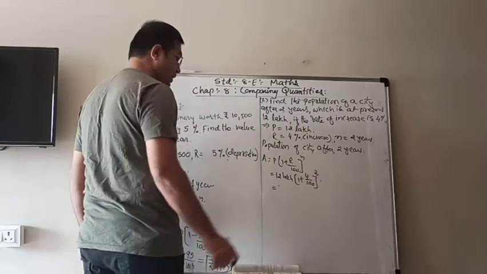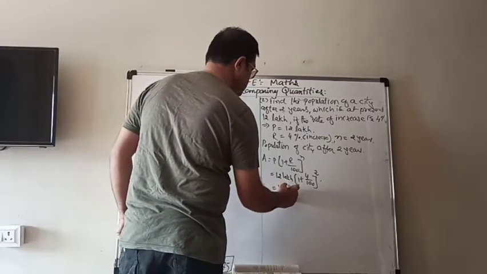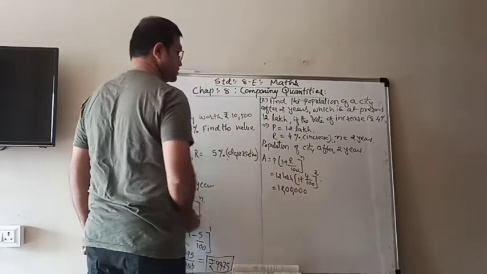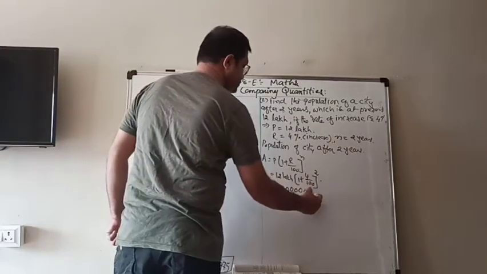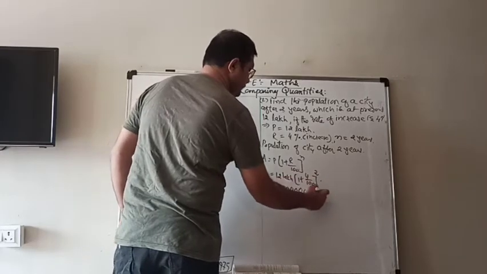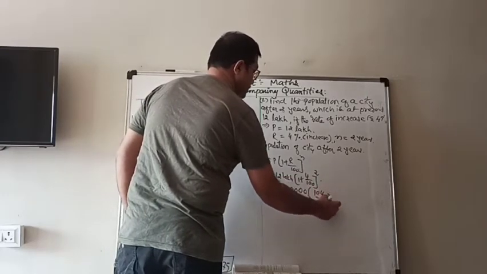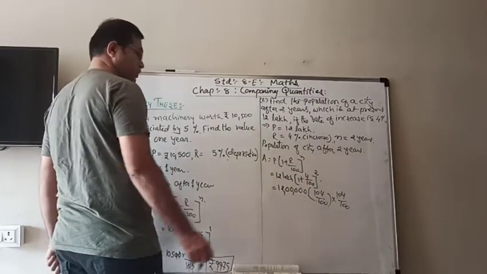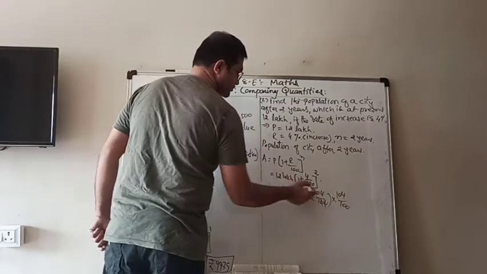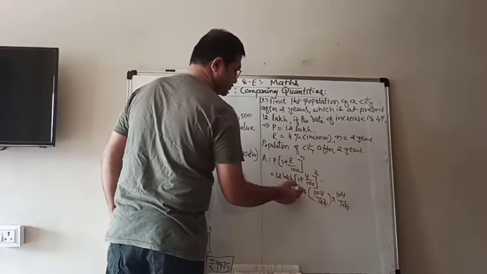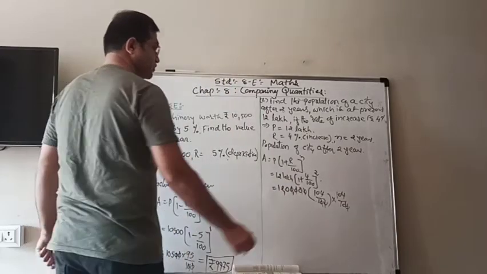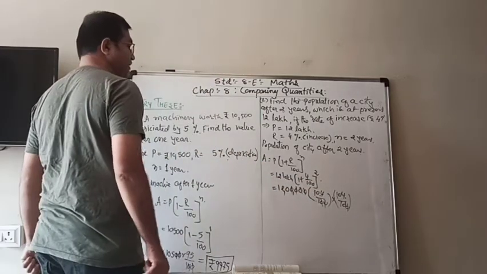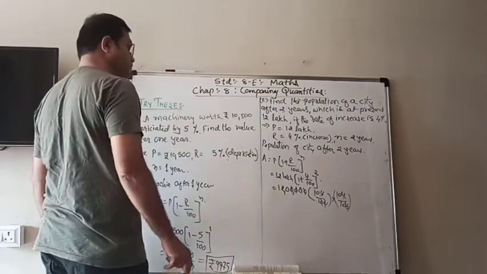So now 12 lakh into bracket 104 upon 100 into 104 upon 100, because 2 times that. So now you can do the cancellation, 2 zeros, 2 zeros. So now we have to multiply 104 by 104 by 12 and then put 1 more zero.